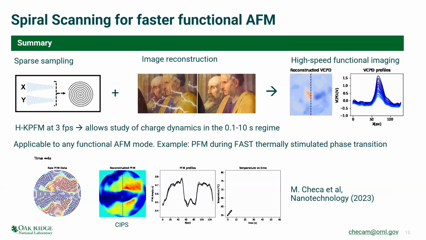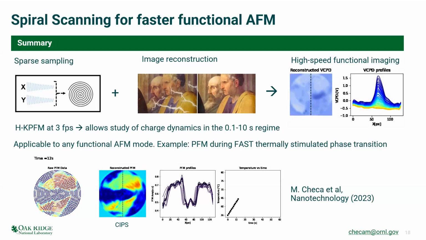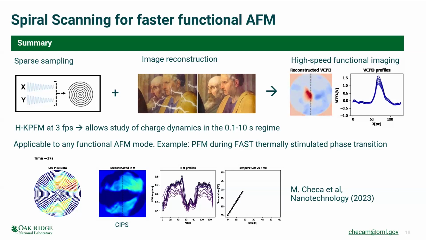So I showed here an example with KPFM, but this is an example for PFM, where we had some ferroelectric and non-ferroelectric domains, and I ramped up the temperature really fast so that I went through the Curie temperature of the material, and we see how the domains disappear in the PFM channel.